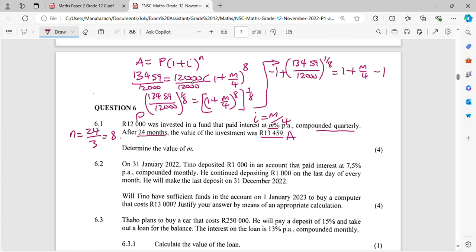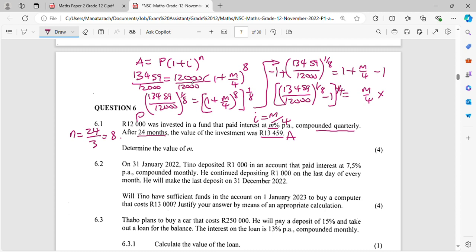Let's just arrange it properly. This side, to the power 1 over 8, minus 1. Then I'll have M over 4 on the right hand side. Then I can just multiply both sides by 4 basically. So that 4 is not the exponent, it's multiplying actually there.